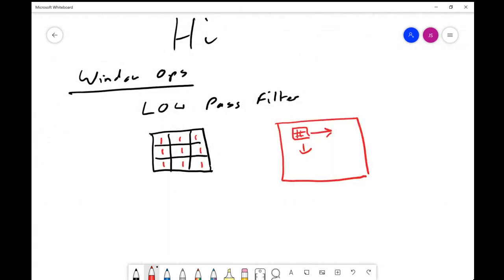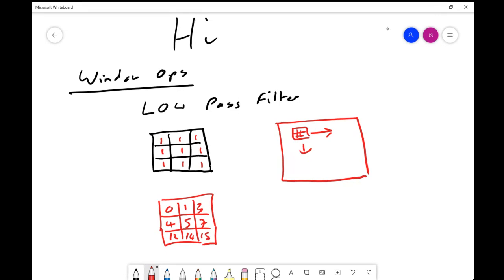So if the window is looking at an image area, let's draw some pixels that have 4 bits resolution, so we can have values 0 to 15. If it's looking at 0, 1, 3, 4, 5, 7, 12, 14, and 15, those would be the pixel intensities under the window.